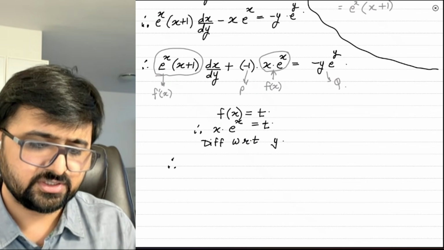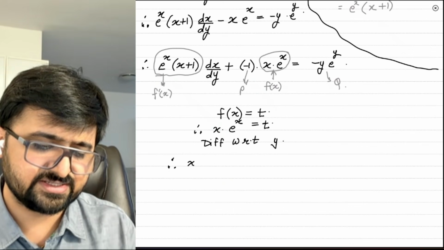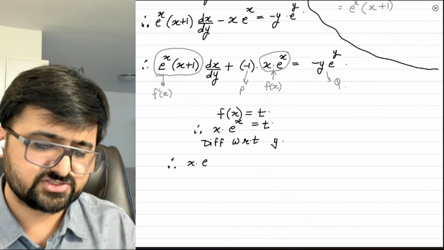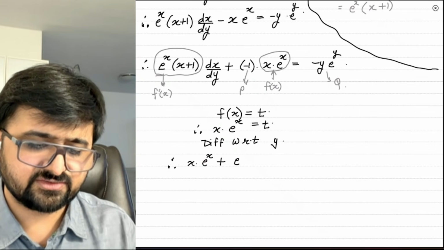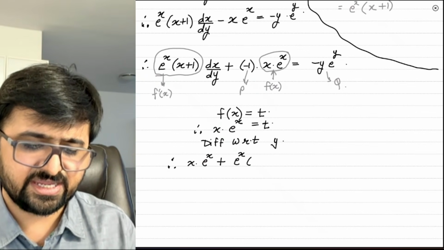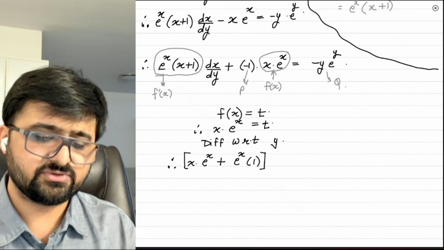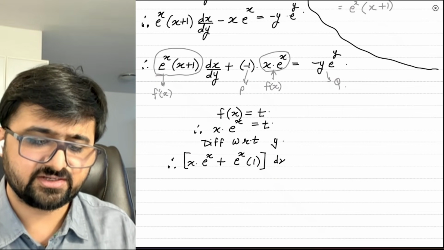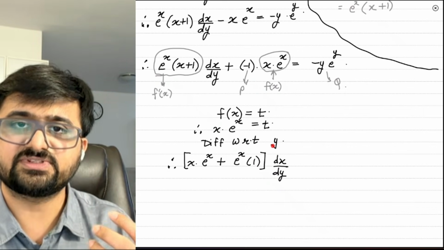So therefore, let's apply the UV rule here. x the way it is into the derivative of e raised to x, which is e raised to x, plus e raised to x the way it is into the derivative of x, which is 1. Then we also have to multiply by dx by dy by chain rule, since we are differentiating with respect to y.